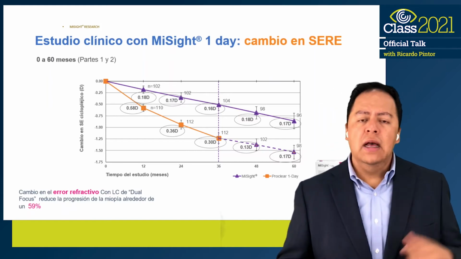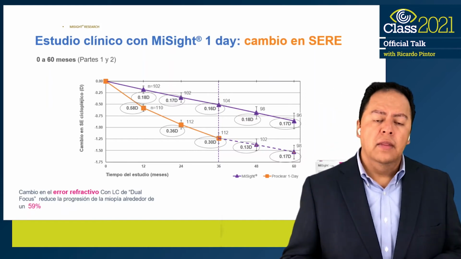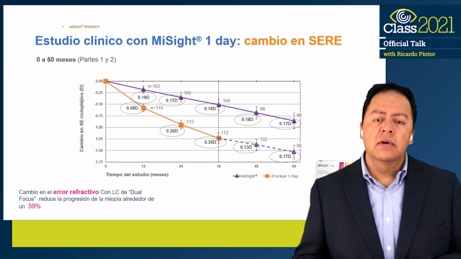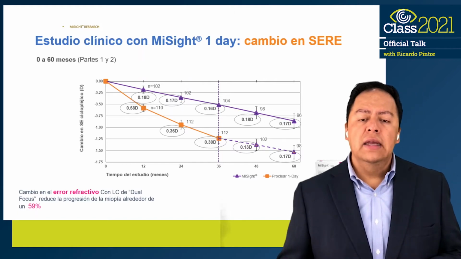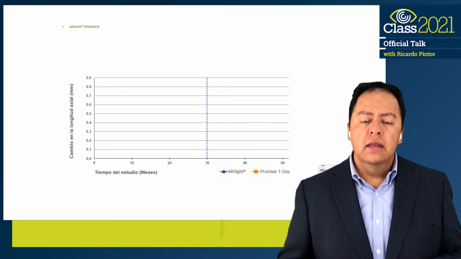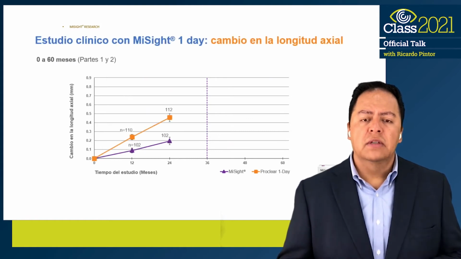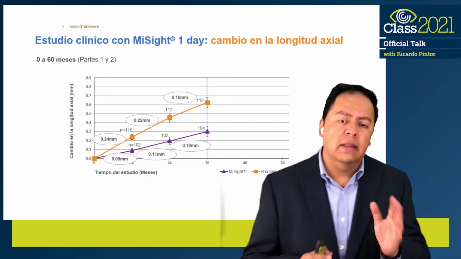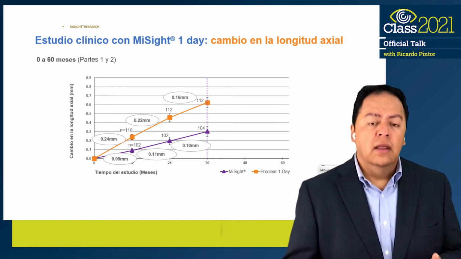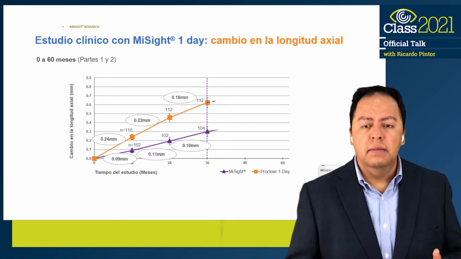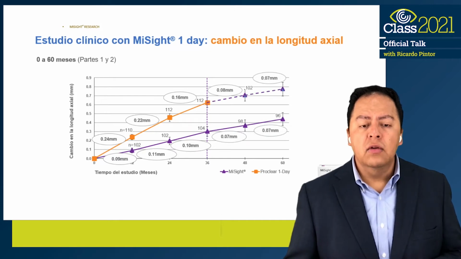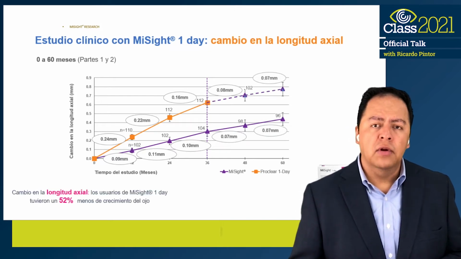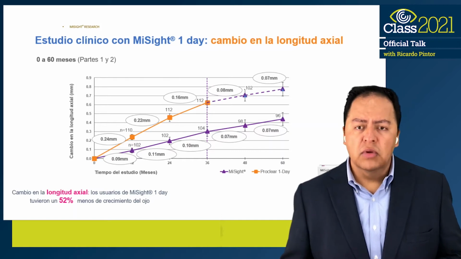The group that was using the regular lenses switched to the MiSight lens, now with a 59% correction of the refractive error. As regards the axial length, the same measurements were made, remembering that after 3 years is a watershed to define this, and the same trend continued, as the axial length values were already over 52% effectiveness.